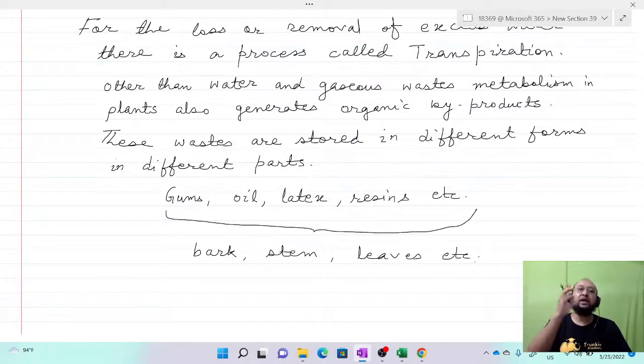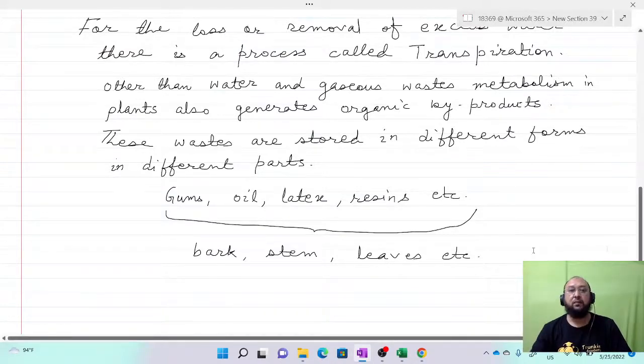Like the kidney is a dedicated organ which is responsible for formation of urine for the elimination of metabolic waste. But in plants it is totally different. If there is some deposition of organic substances in the leaves, then those leaves may fall off and new leaves may be produced after some days.